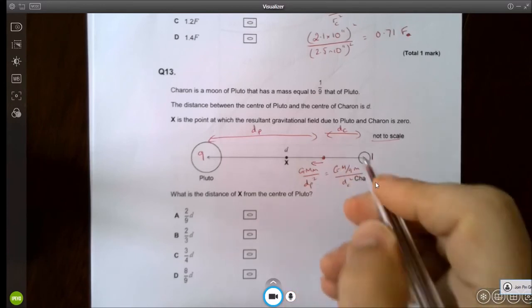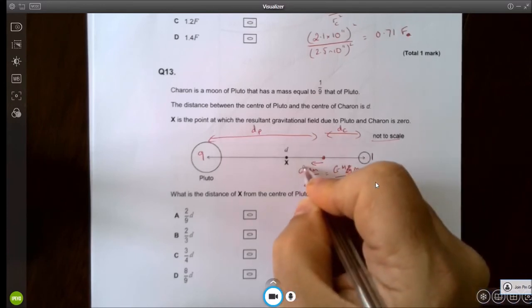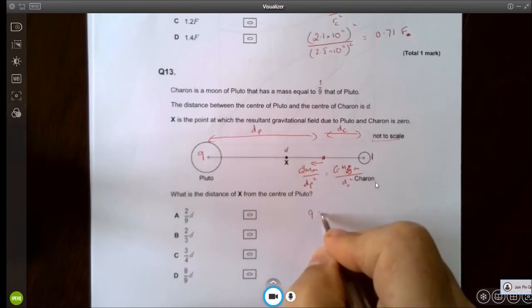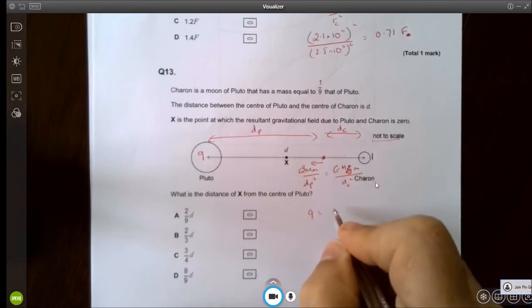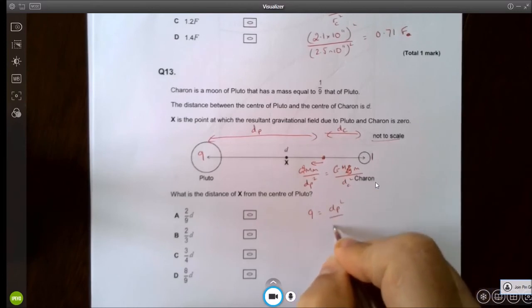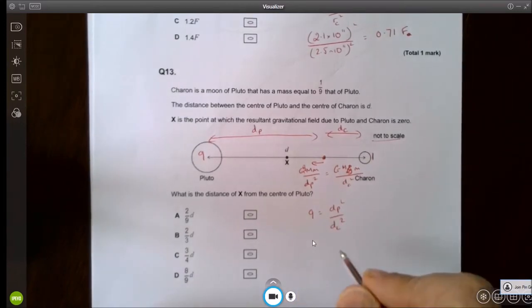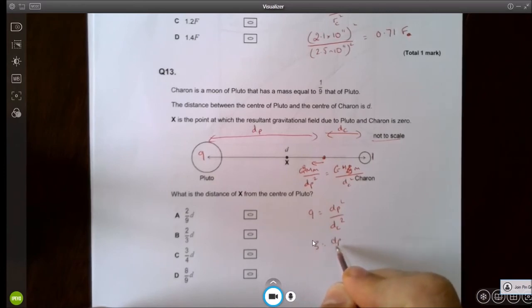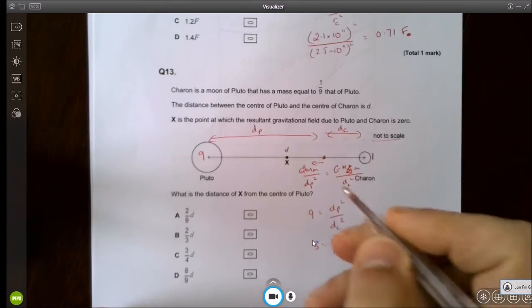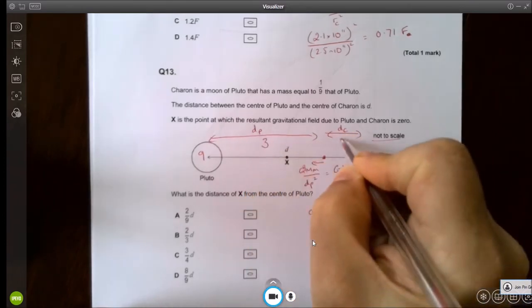It might be easier actually, I'm going to call that 1 and we're going to call that 9m over there, so we get 9, all the rest of it cancels out, so we get dp squared over dc squared. So we take the square root, so we get 3 is dp over dc, so this is 3 to 1.